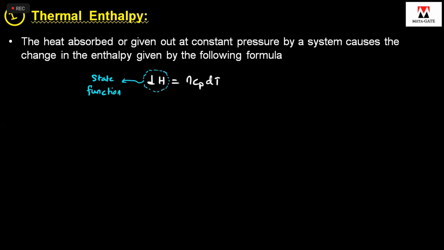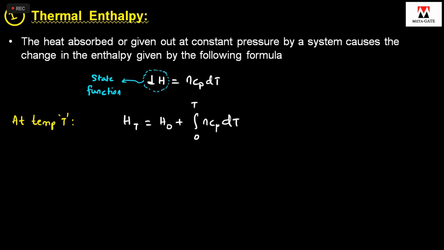Now, if you want the enthalpy at a temperature T, you have to integrate. So H at temperature T is equal to H naught plus the integral from 0 to T of N Cp dT.